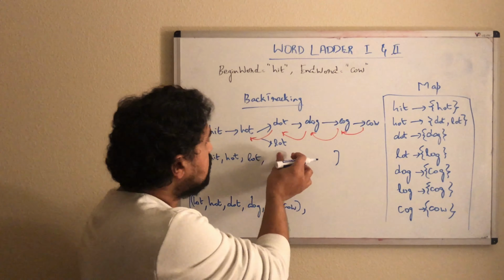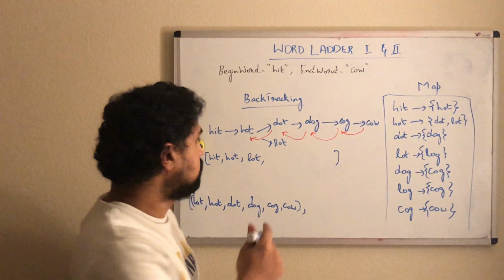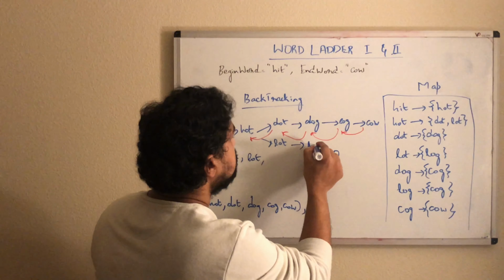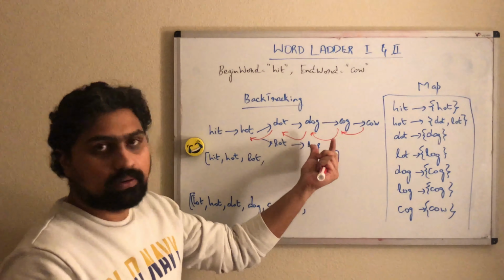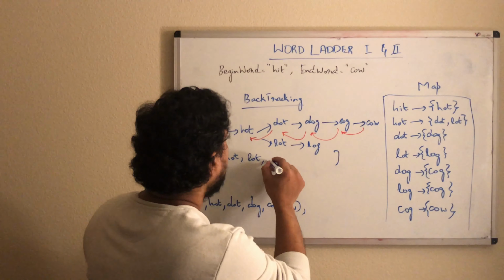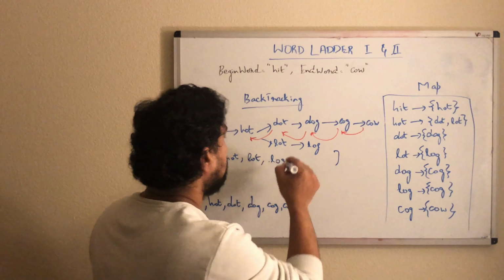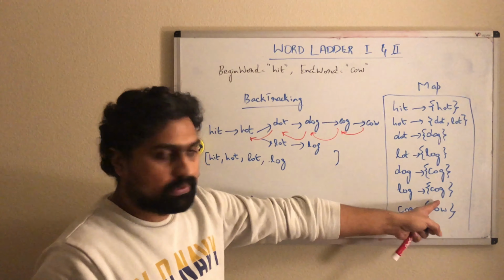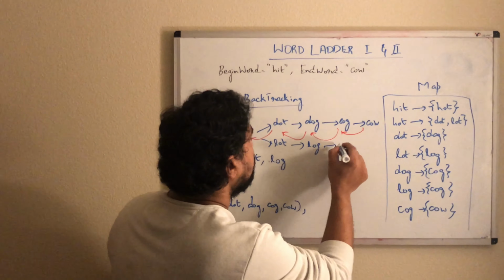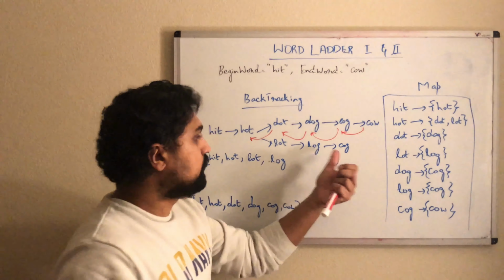The transformed word from lot is log. So let's move to this word log, and we'll add this word log to this list here. Okay, from log we obtain this word cog.